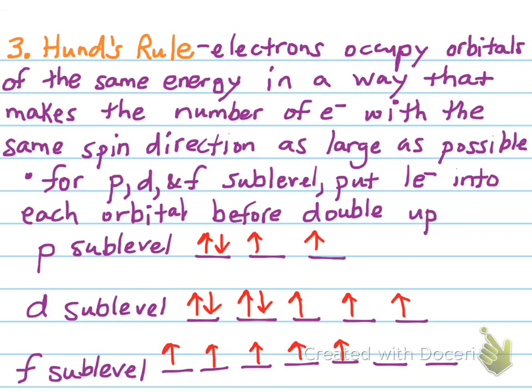All right, just to make sure, I'm pretty sure it was still going when I was talking about Hund's rule, but we'll go over this again. Electrons occupy orbitals of the same energy in a way that makes the number of electrons with the same spin direction as large as possible. For P, D, and F sublevel, that means that you're going to put one electron into each orbital before you double up.